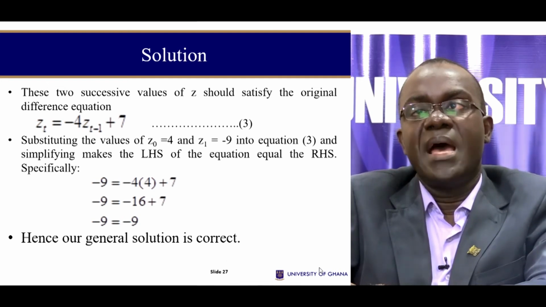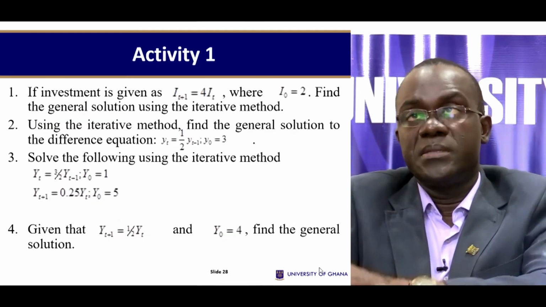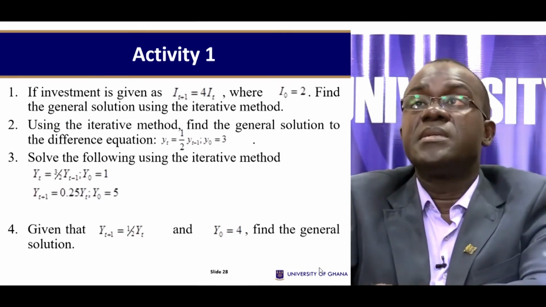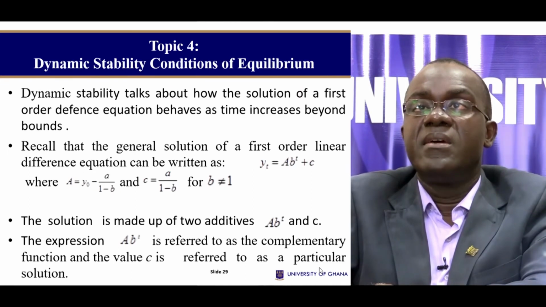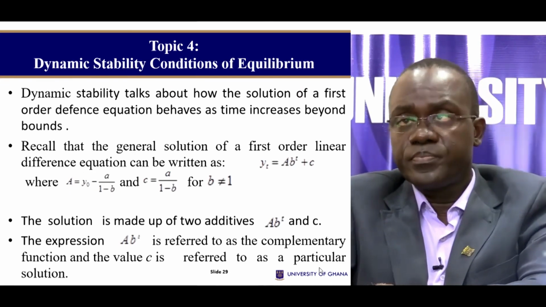You see that when I simplify this, I get -9 equals -9, suggesting that our solution is correct. Please take your time and go through these activities, and let's meet at the chat room if you do have any further questions.